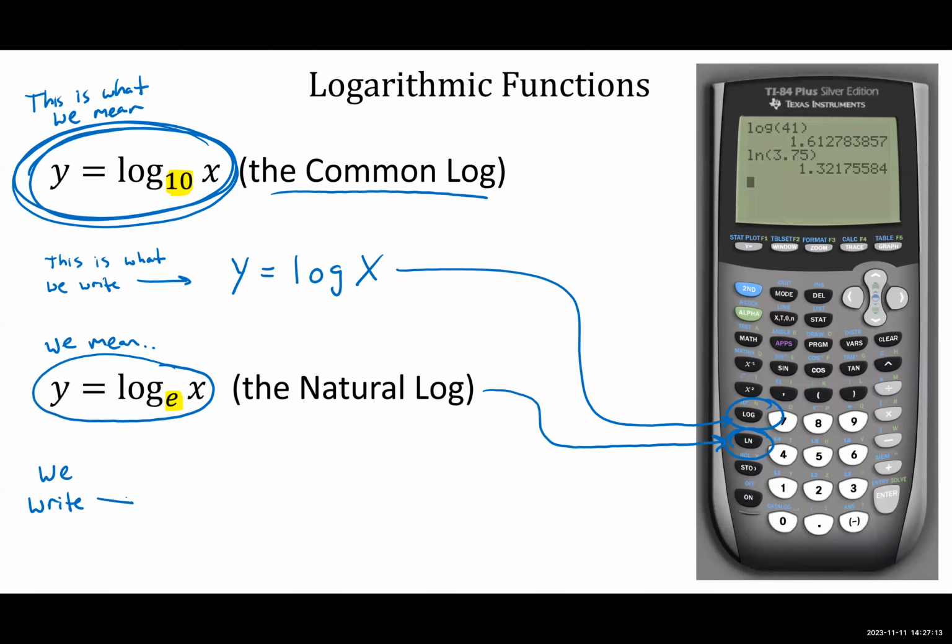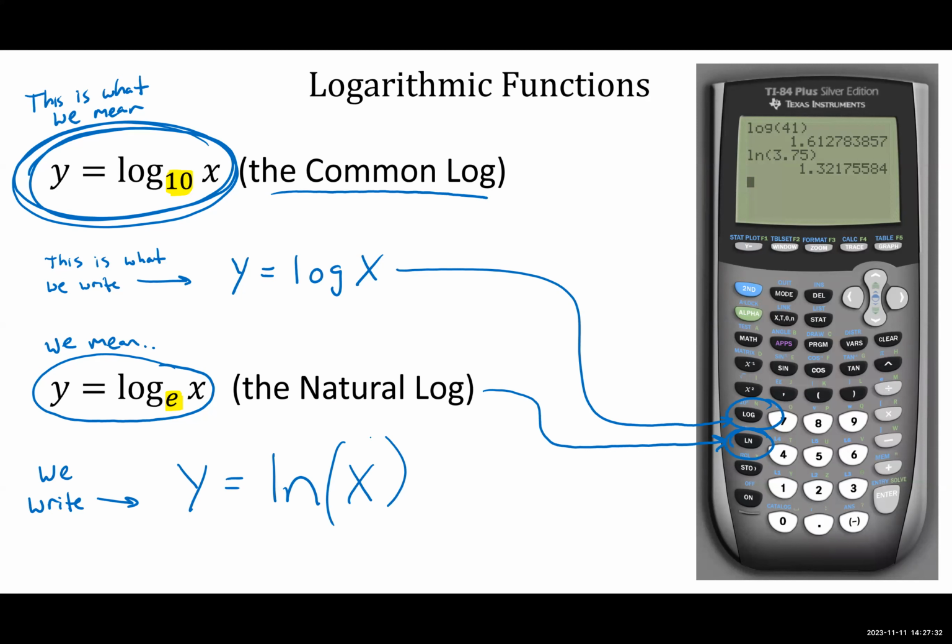But what we write is y equals ln of x. Remember, whether or not we write them, there are parentheses here. That's the log of something, or the natural log of something.